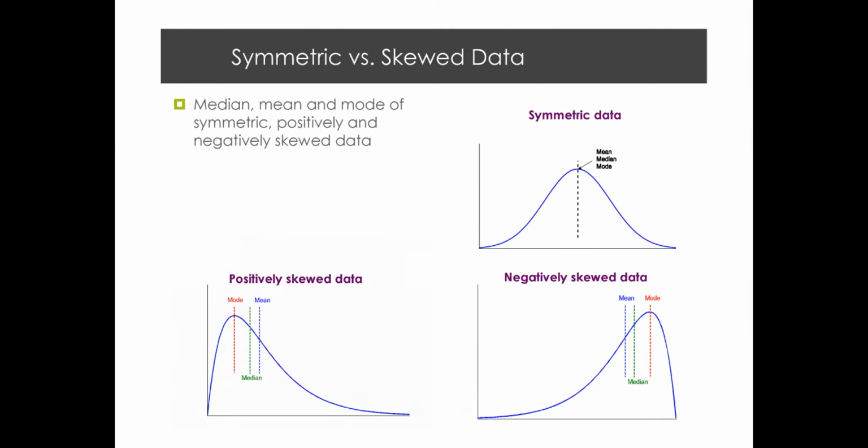Where the data starts in the negative range, you represent it as negatively skewed data. This diagram shows the data skewed from a particular position onward in a negative manner. That is called negatively skewed data.